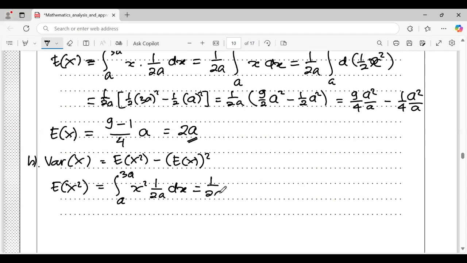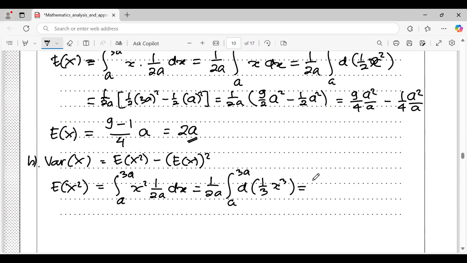1 over 2a times the integral from a to 3a. The integral of x squared is 1/3 x cubed.